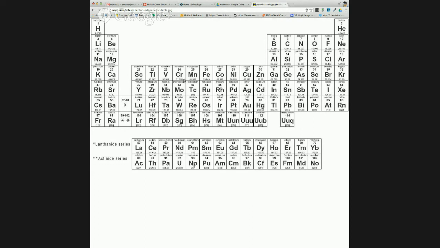There's actually some really cool stuff if you start looking at some elements in here, like osmium, iridium.